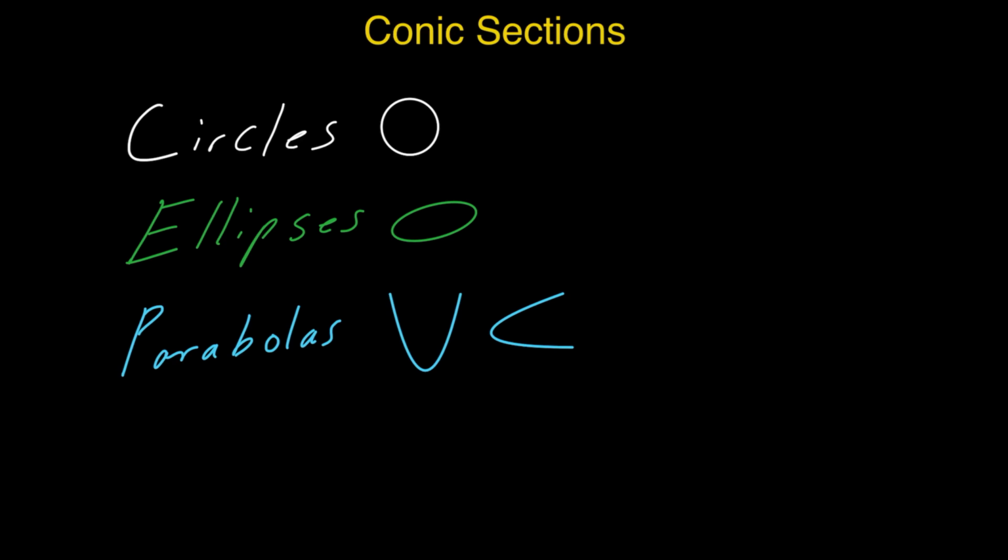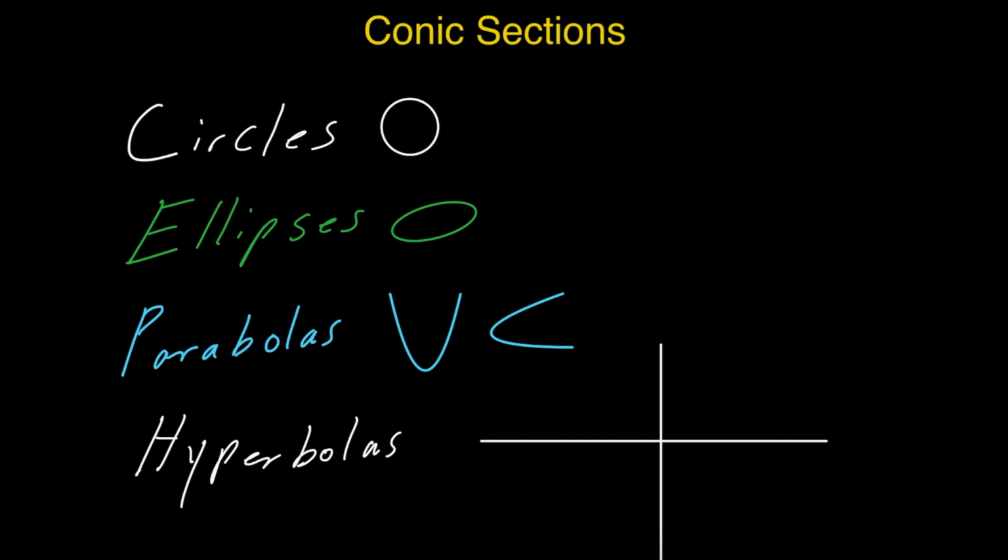Now, the last type are called hyperbolas. I'm going to draw the axis over here, and we're going to put in some asymptotes. As you might remember, asymptotes of a hyperbola are these straight lines right here that I just drew that the hyperbola approaches but never intersects.